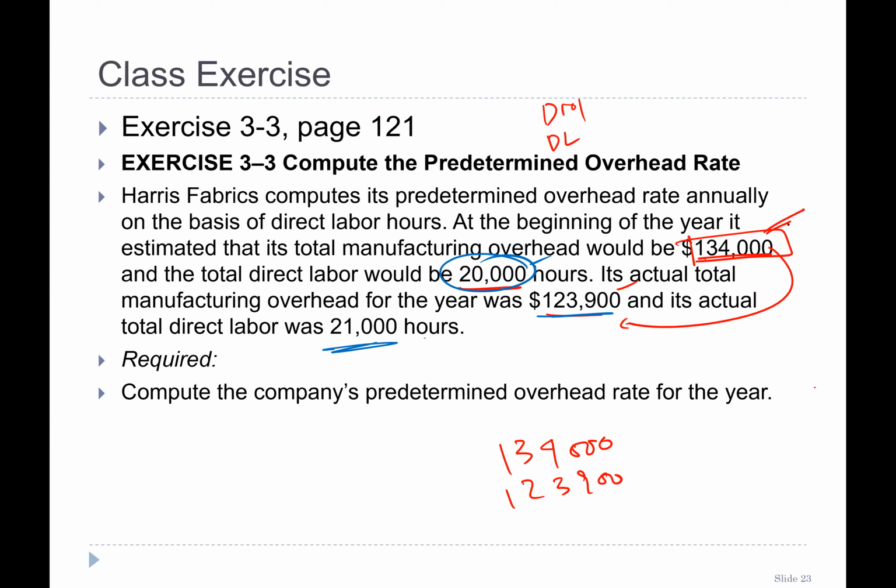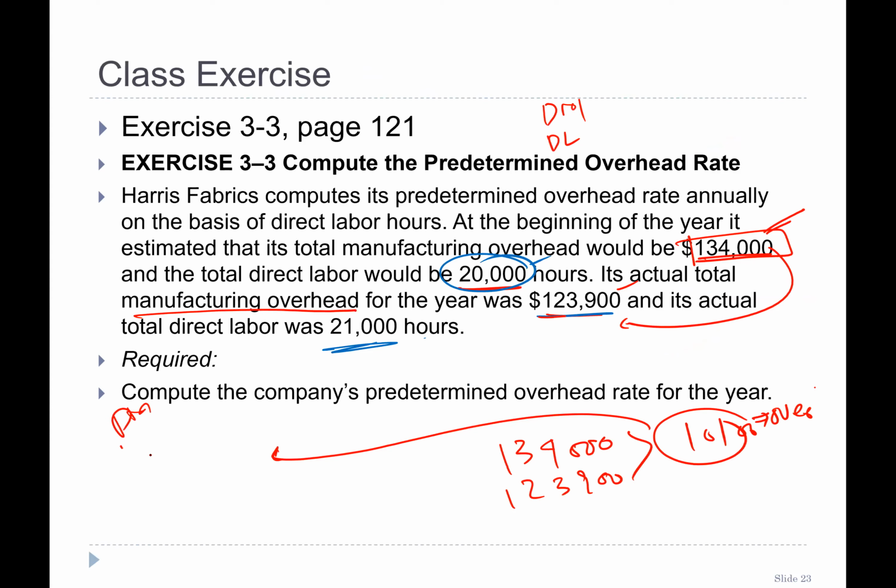If we overestimate, the difference is, we call this overestimate or over applied. In that case, we less this number from our actual cost. So these are the actual cost of just manufacturing overhead. We have direct material, direct labor, and manufacturing overhead, which is 123,900.